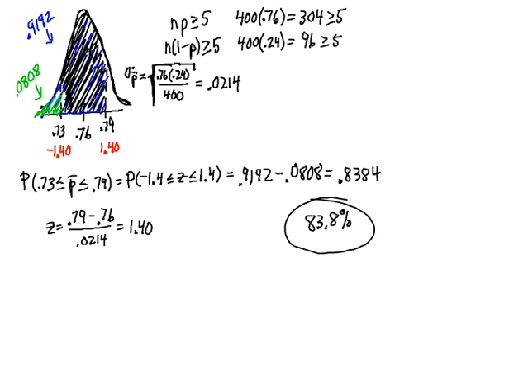Saying it another way, if I take a random sample of 400, and another random sample of 400, and another random sample of 400, then 83.8% of the sample percentages that I would calculate on those samples would fall somewhere between 73% and 79%.